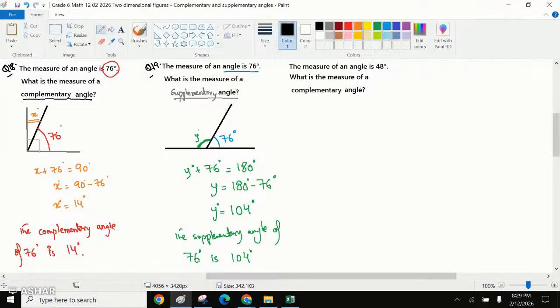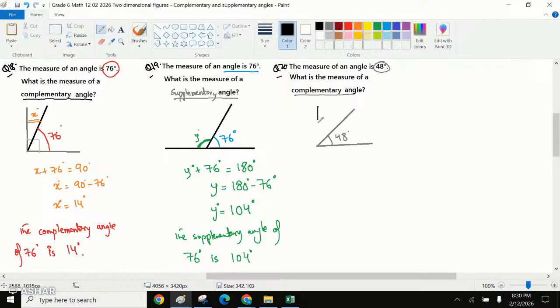Question number 20. I'll just recopy this for the next question. Okay. They're asking us if the measure of an angle is 48. That means if an angle is given to us that is 48 degrees, they're simply asking us what would be the complementary angle.